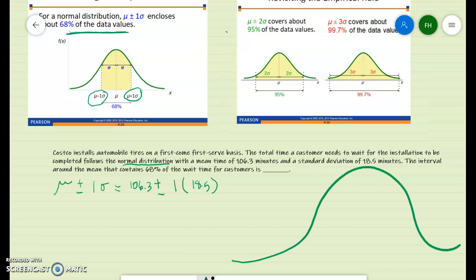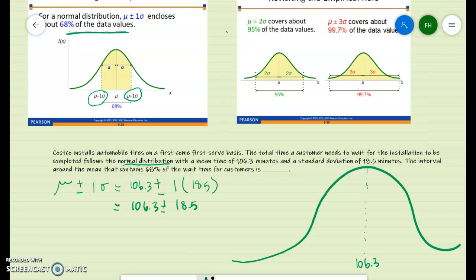That's not exactly even, but we'll let it work. All right, so when we do that, we're going to do 1 times 18.5.